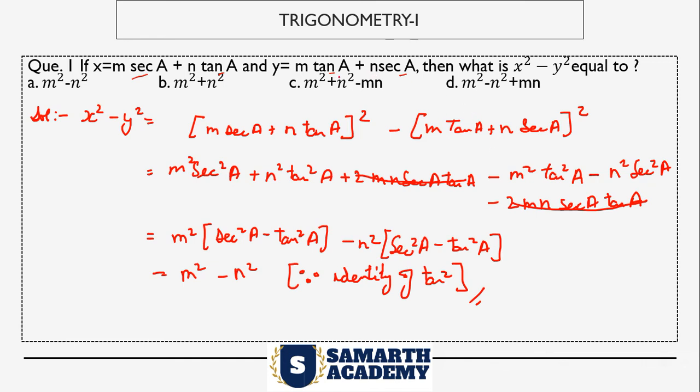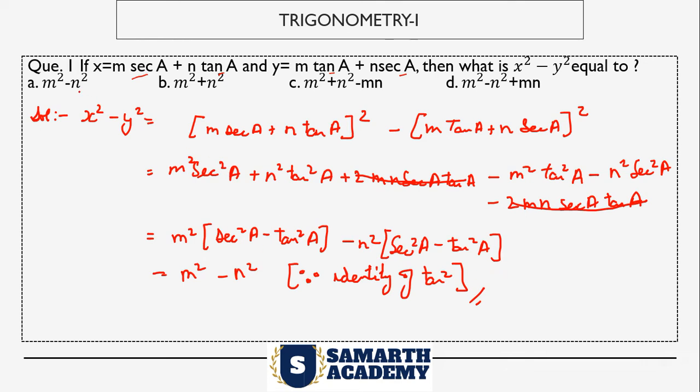In the second expression, since it's negative, we'll get minus values for everyone, which will make the 2mn secant a tan terms cancel each other out. That leaves us with m square secant square minus tan square, minus n square secant square minus tan square. And since this is an identity, we get m square minus n square.